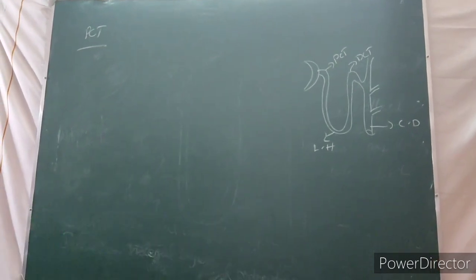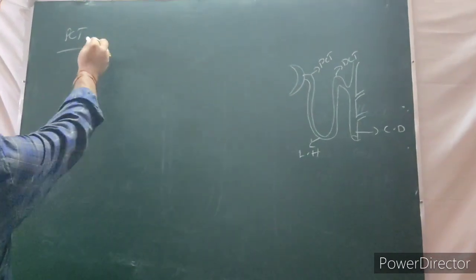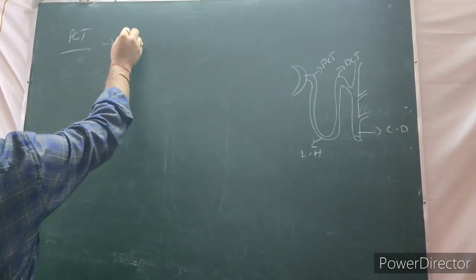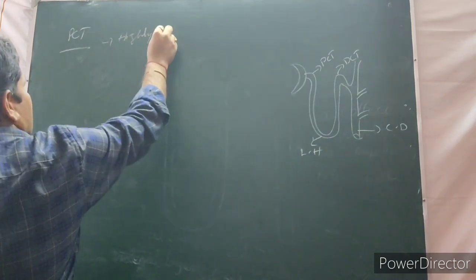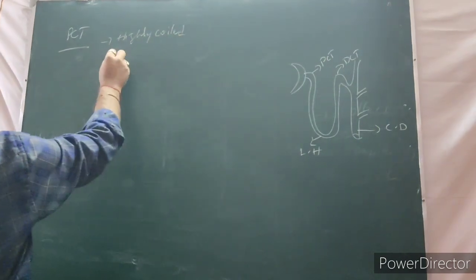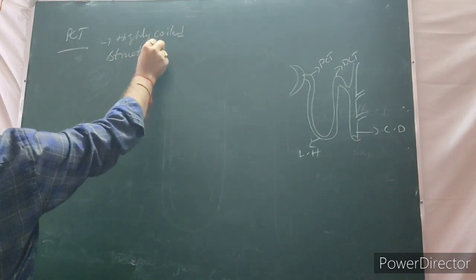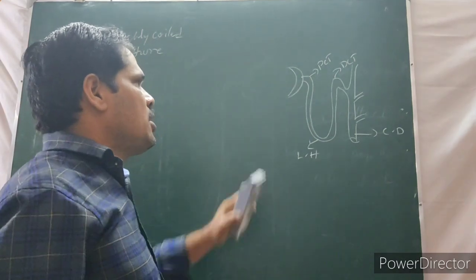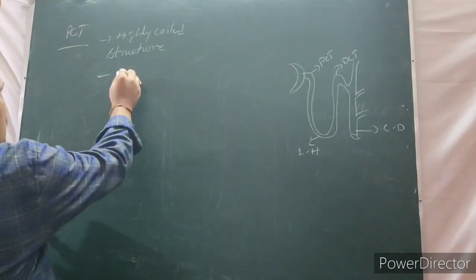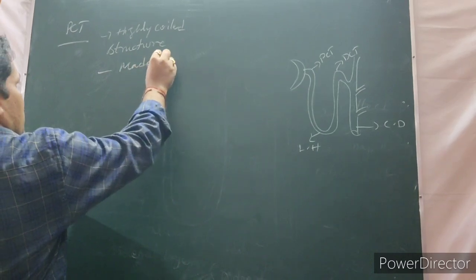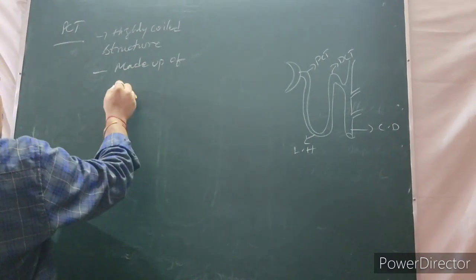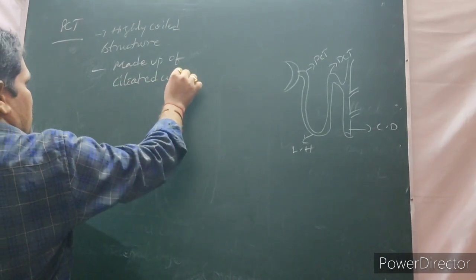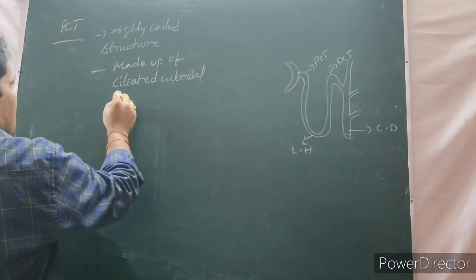Now, what is the importance of the PCT? It is called the proximal convoluted tubule. It is a highly coiled structure which is made up of ciliated cuboidal epithelial cells. Why is it made of ciliated cuboidal epithelial cells?